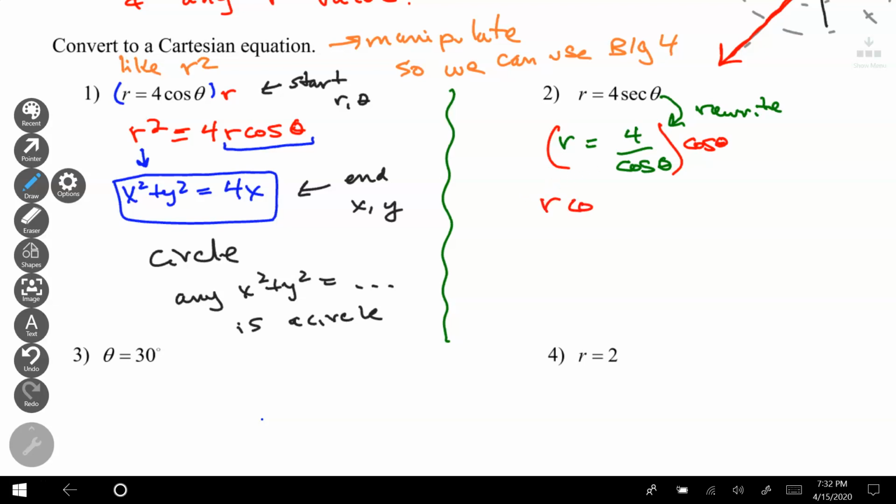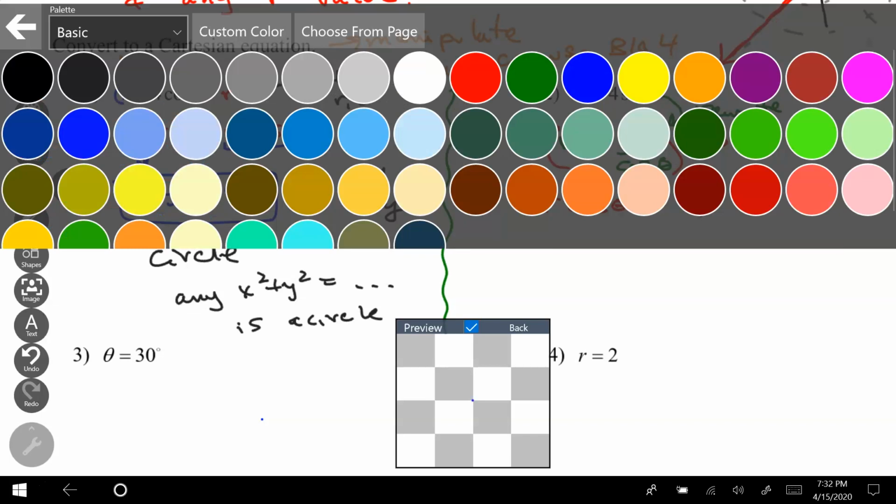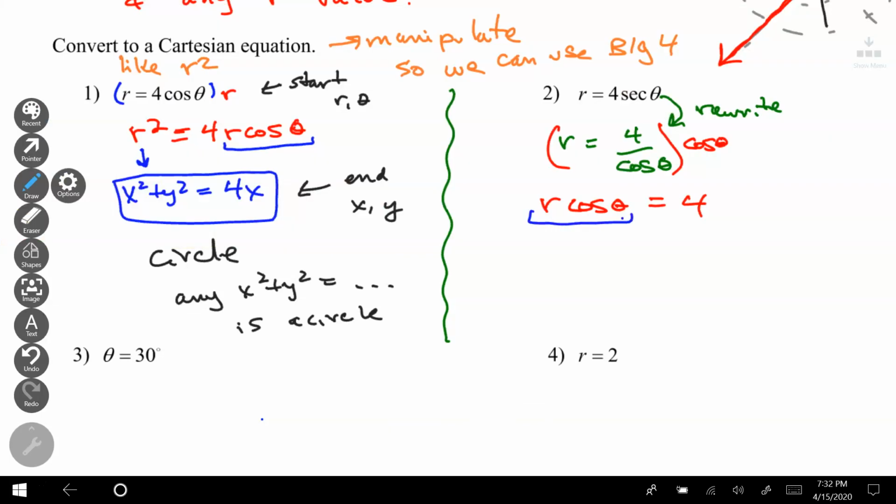I get r cosine theta is equal to 4, because the cosines on the other side cancel out. And then, oh, look at that. R cosine theta is just x, so x equals 4.